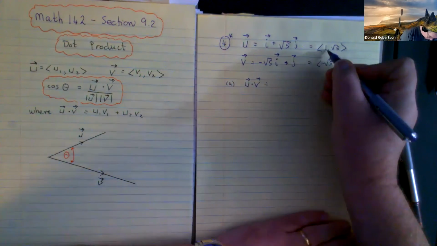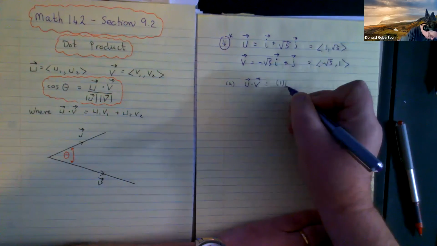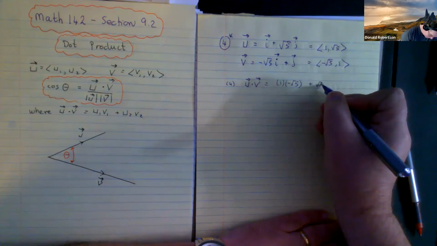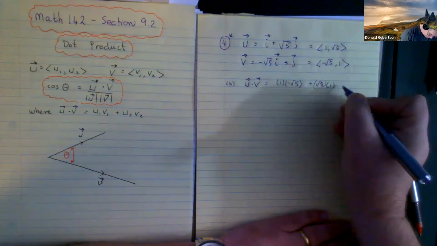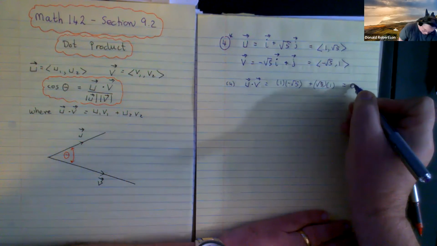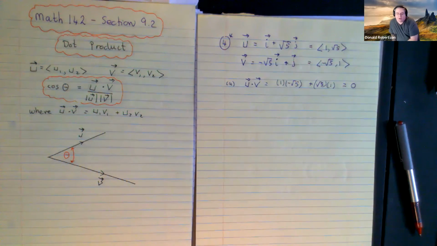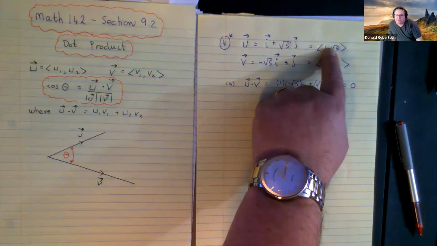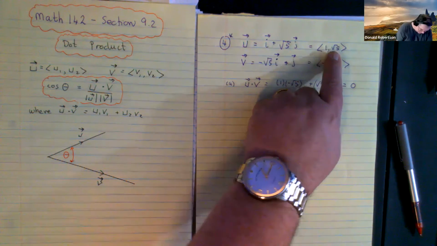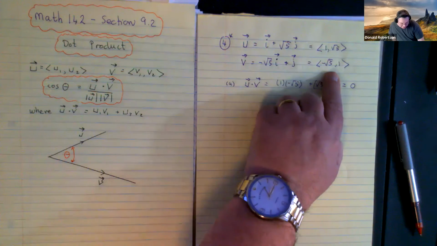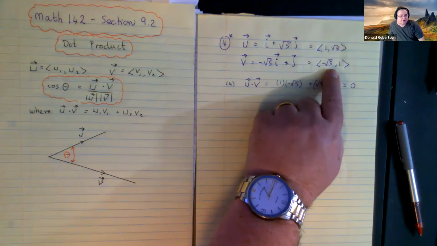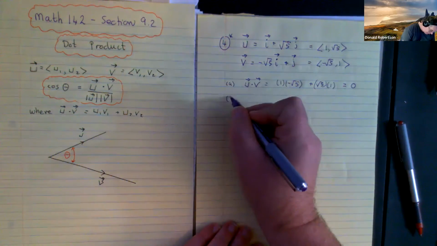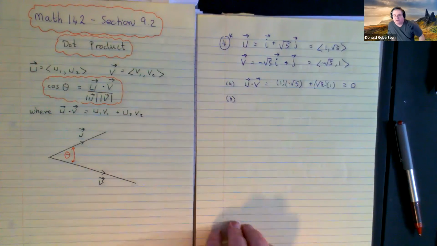In this case, it's going to be 1 times negative square root of 5 plus square root of 5 times 1, which ends up being 0. Now, I could find the magnitude of this vector, which, by the way, happens to be √6, and I could find the magnitude of this guy, which is √6, and I could plug it all into here, but I don't need any of that because this is a very special case.